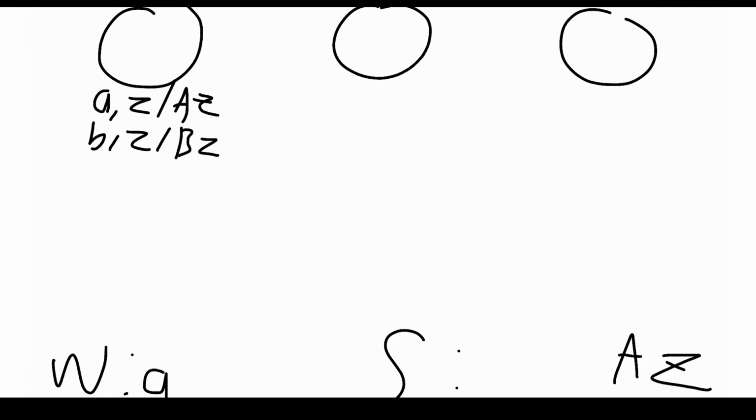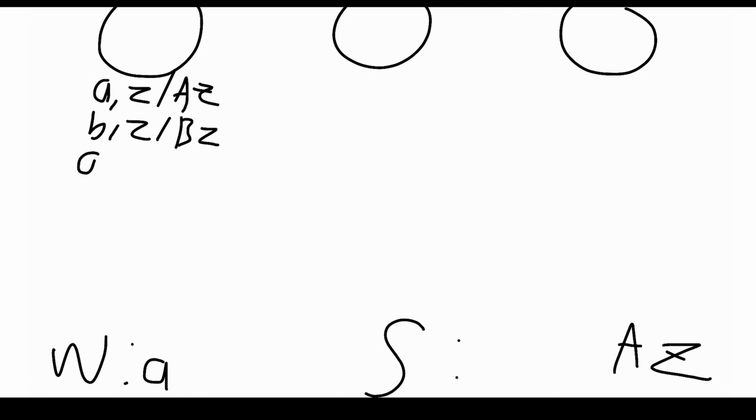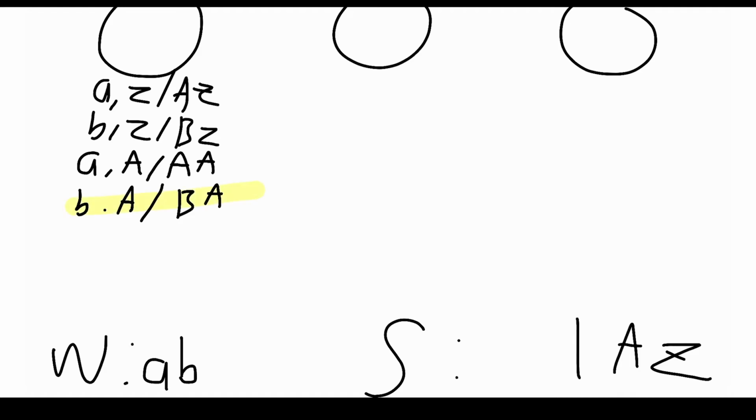So what we'll be doing here is yet another A, another B, and these will be popping off an A from the stack, while this line adds an A, and this line would add a B. So now we can add in a B using this line, which adds a B to the stack.